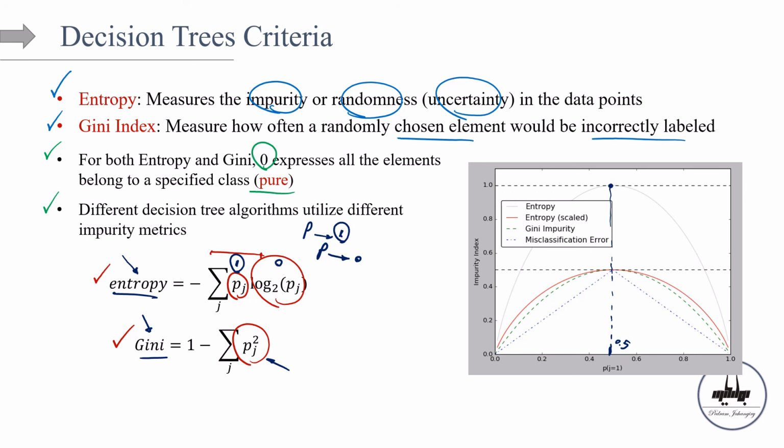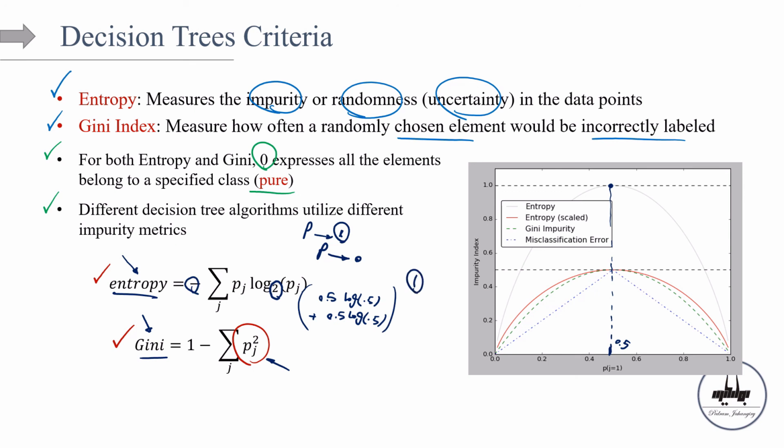The Shannon entropy formula uses log to the base of 2. If you do the math and replace 0.5, it's 0.5 log of 0.5 plus 0.5 log of 0.5, so you get minus 0.5 plus minus 0.5, which is minus 1, multiplied by the leading minus, you get 1.